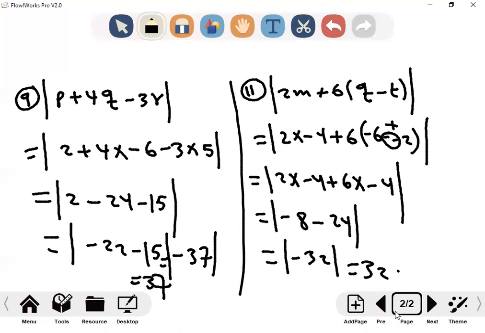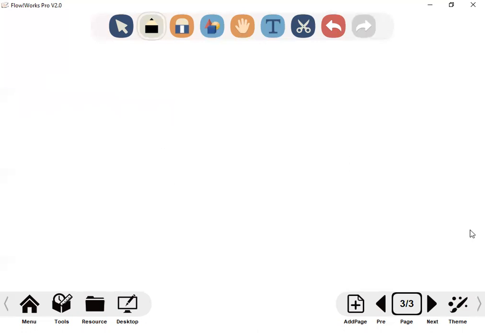Sorry, I need to proceed. Question 12, sorry, 11, then 13 now. 13 is in the same part. We have negative outside the absolute value, which means at the end the answer will be what? Negative, because the absolute value we are sure will be positive. Right?